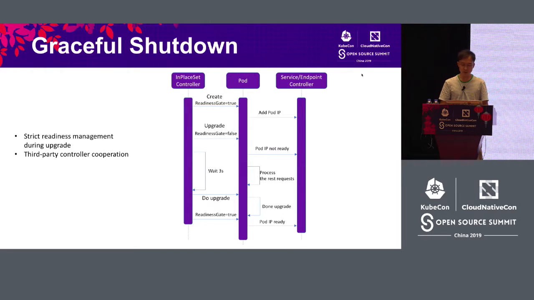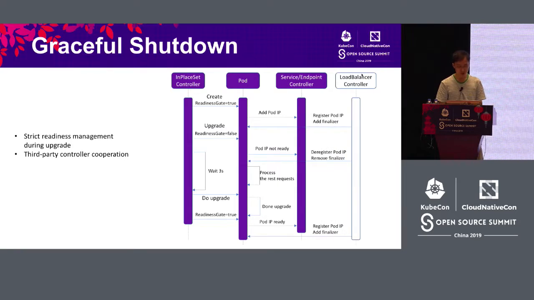We wait for 3 seconds, and we assume that it will process the request or the traffic in 3 seconds, and then we will start the upgrade. If the upgrade is successful, we will set the readiness gate to true, and then the router information will be generated. Of course, 3 seconds cannot be a full guarantee that all traffic from the pod is processed.